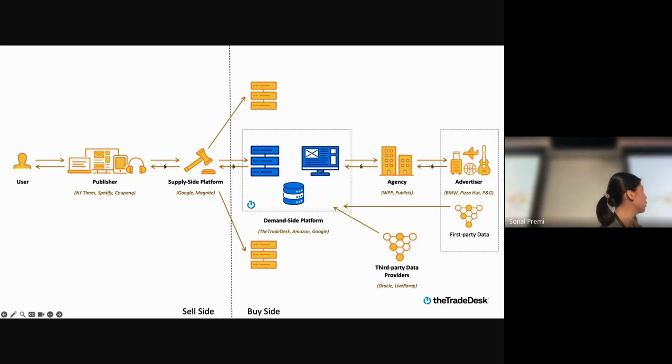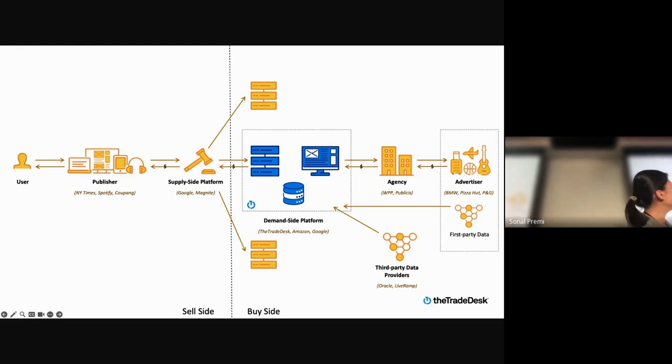But the publishers don't have the technology to serve those ads themselves. So they usually engage a supply side platform, Google being the largest one in the world. Surely you've heard of that. This is the sell side of an ad. And then on the buy side, there are advertisers, usually companies like BMW, Pizza Hut, P&G, and they want to pay money for you to be able to see their product and service. They go to a marketing agency and say, here's what we want to do, come up with a campaign for us.